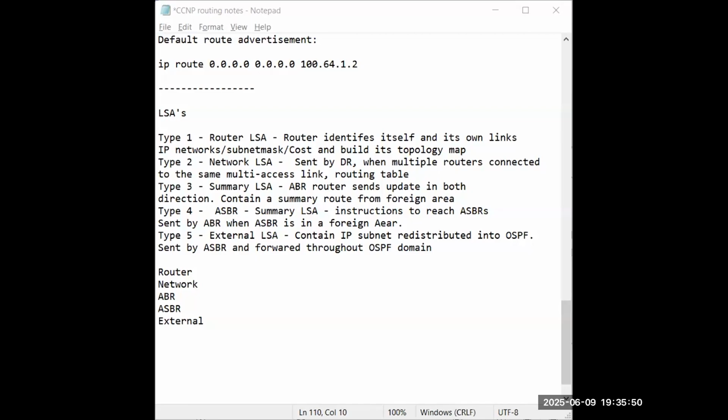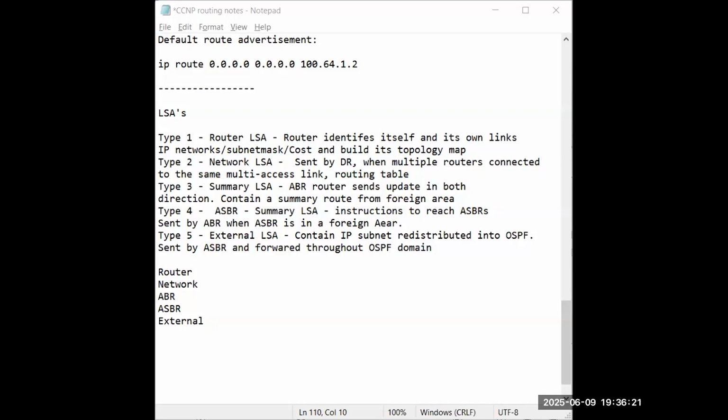So the actual networks redistributed from the ASBR are the external LSA type 5, and type 4 is the instructions to reach where the ASBR router is within the OSPF domain, where it is exactly located, its IP information, link information, and which area it is connected to.